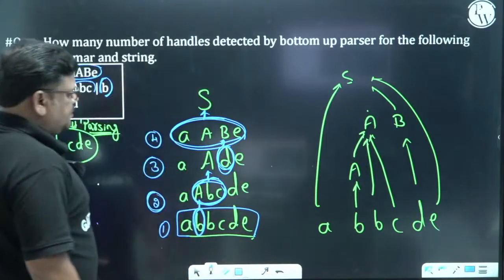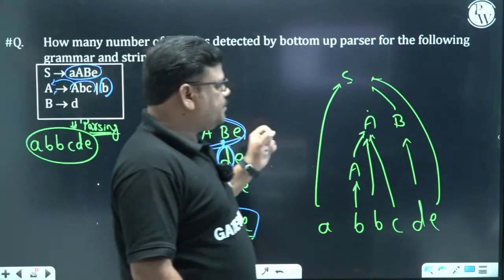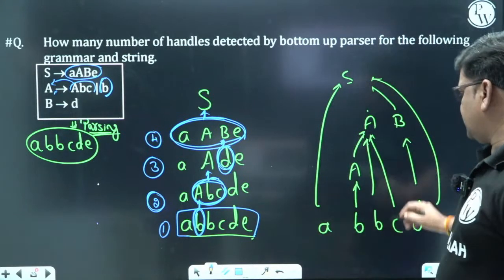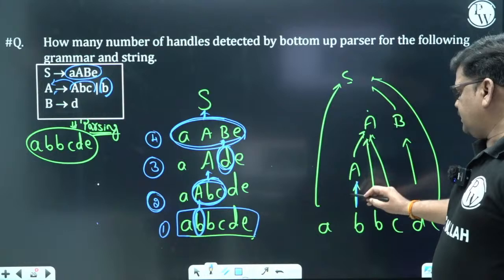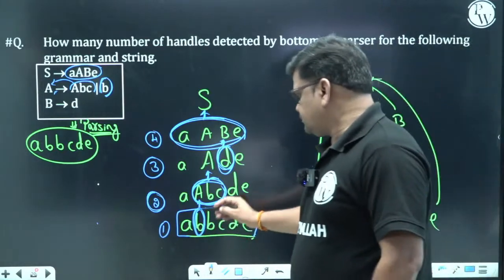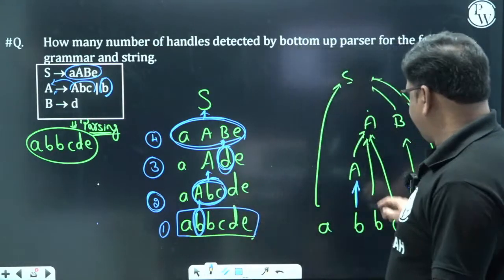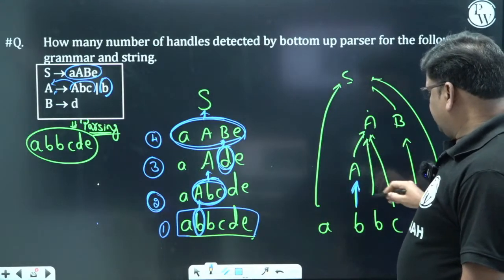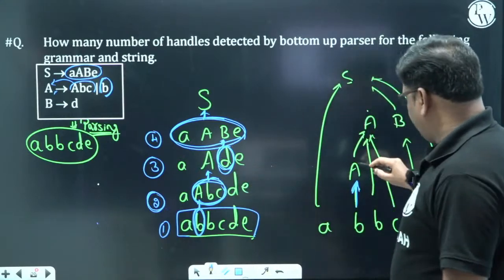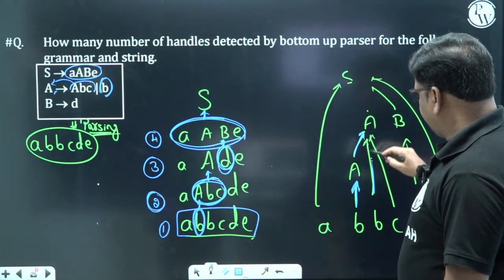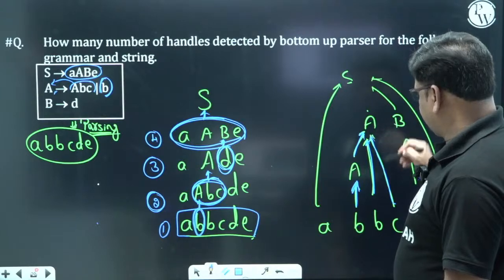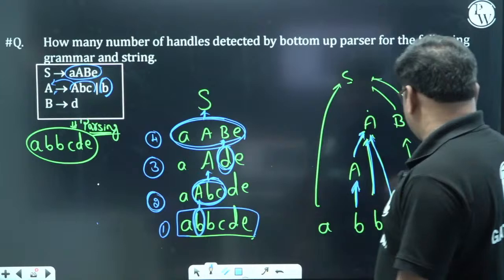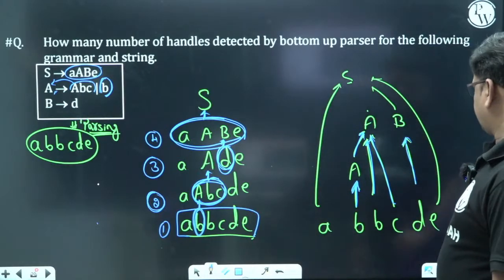And see the tree construction. Whenever this replacement happens, the parse tree is also constructed in parallel. This is replaced by this. B is replaced by capital A, and a tree node is constructed. Then ABC: A from here, B from here, C from here, and a tree node is constructed. Third step, D is replaced by B, and a tree node is constructed.